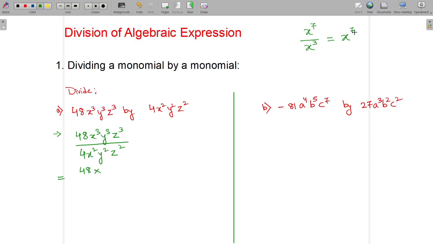That is, the power in the numerator minus the power in the denominator. So we will get x to the power 4. You have to remember this law of exponents in order to be able to divide algebraic expressions. Okay, so we need this concept of division of alphabets. When same alphabets get divided, the powers will get subtracted. So we'll apply the same thing out here.